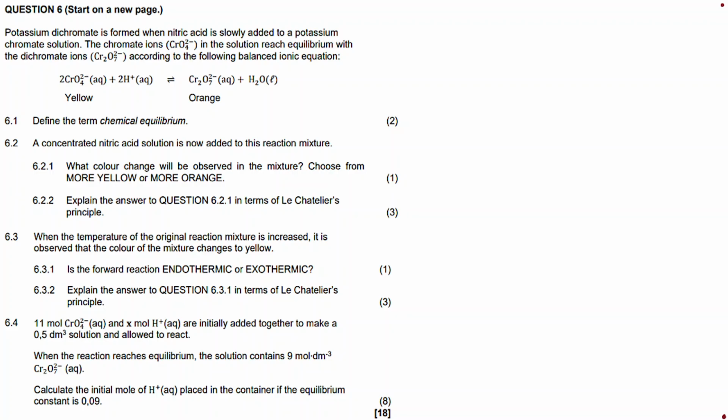So here they gave us a reaction where potassium dichromate is formed when nitric acid is slowly added to a potassium chromate solution. So this is the potassium chromate. Then change the color and the marker.